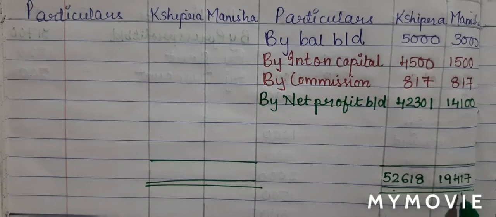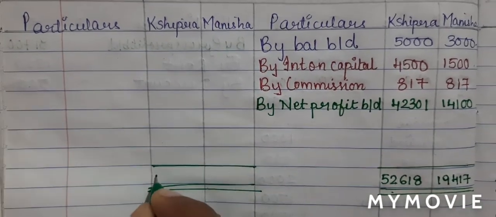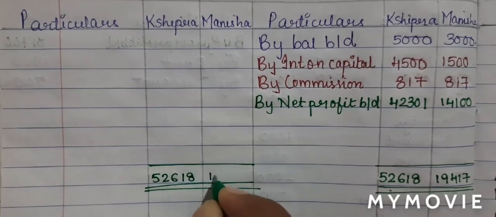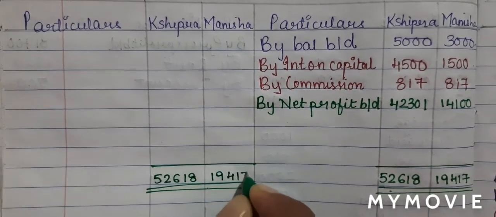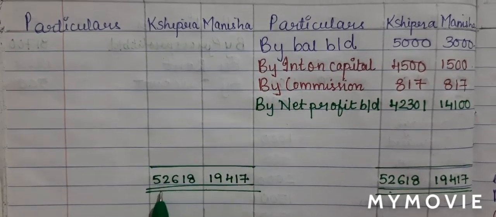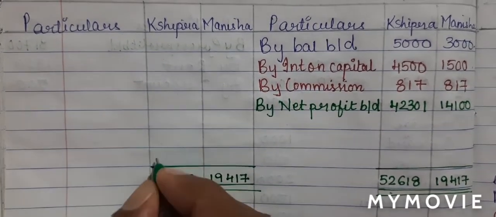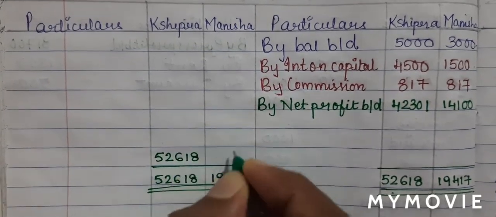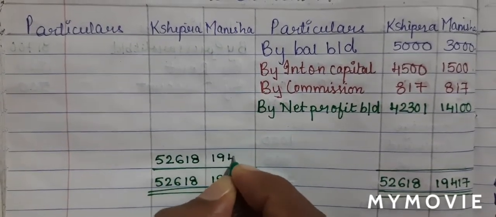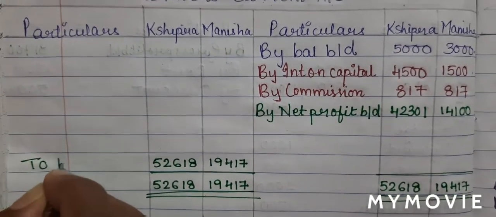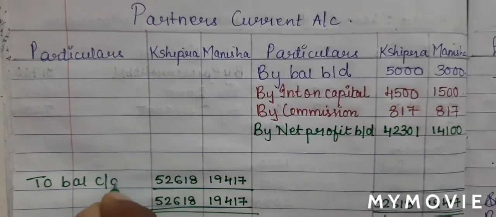So this is my bigger total, which will be written on both the side. 52,618, 19,417. Now there is nothing on my debit side which I can minus. So the same total I will write it on top. 52,618 and 19,417. This will be written as to balance carried down.